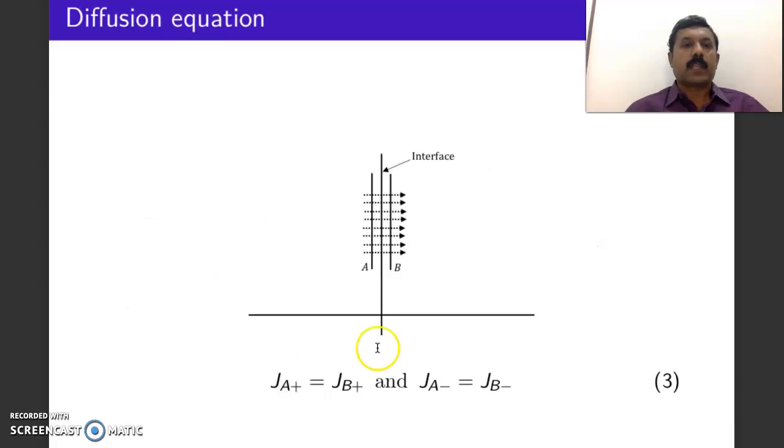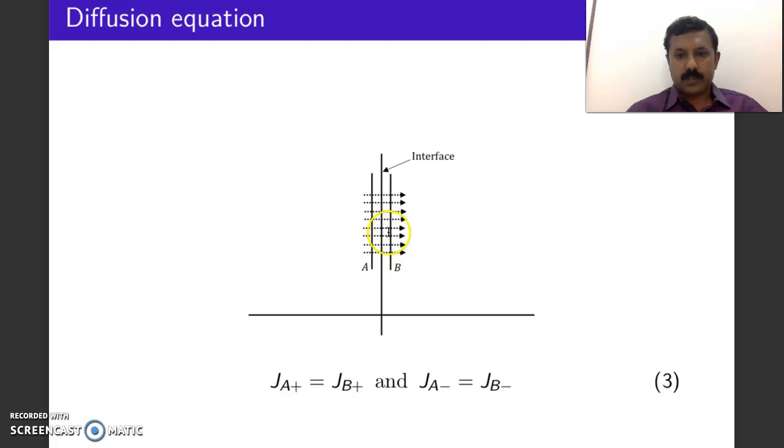This is how we apply it. Say, for example, you have two media, and this is the interface separating these two media. Say you have medium A and medium B, and this line separates these two media. Then if you have neutrons coming from this direction, and you represent it by Ja+, that should be equal to Jb+.